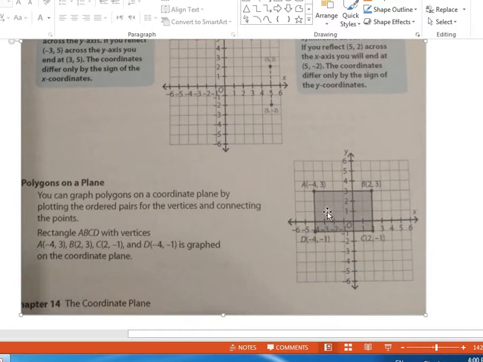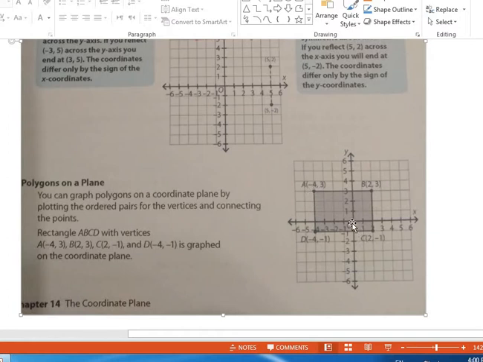This polygon gives me a rectangle, rectangle ABCD, with vertex A at (-4, 3). Why (-4, 3)? Because, as we said before, we start with x, which is -4.